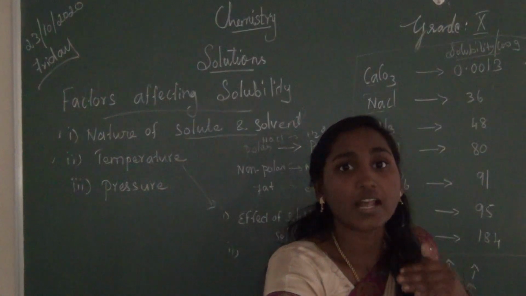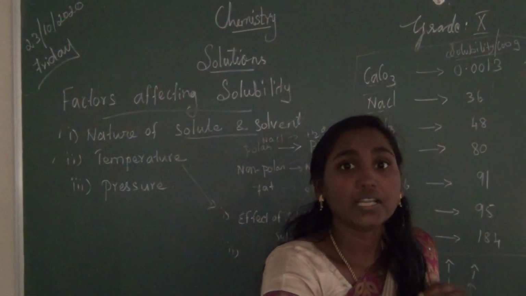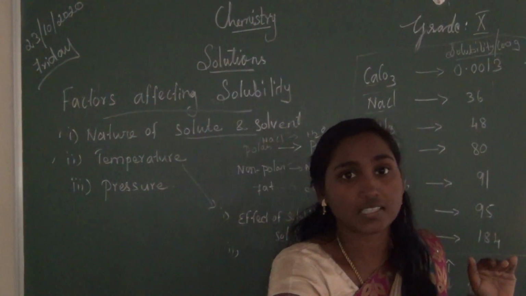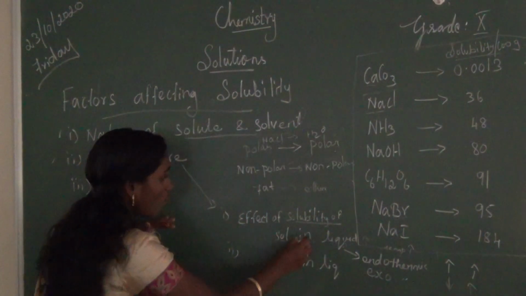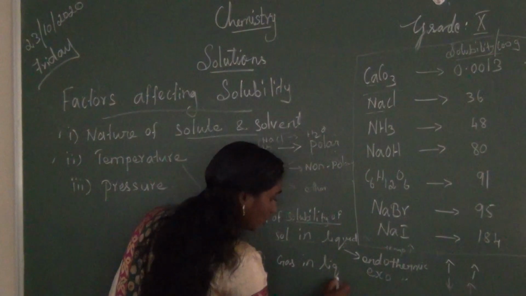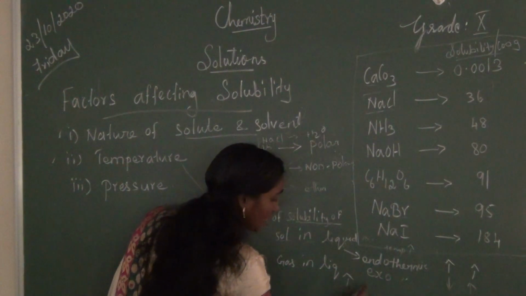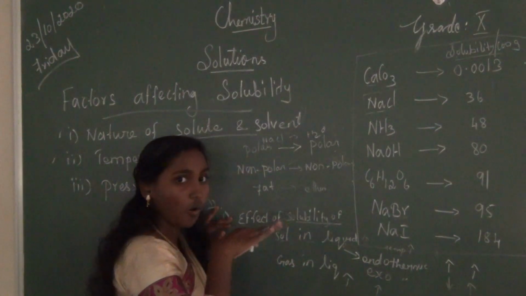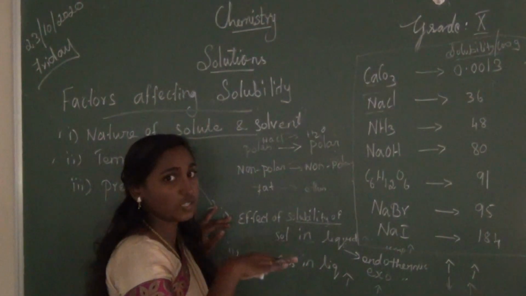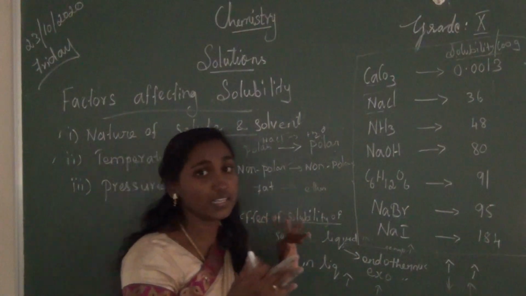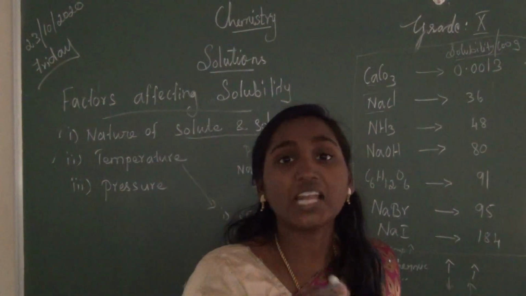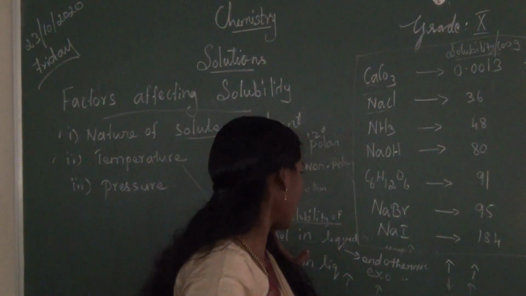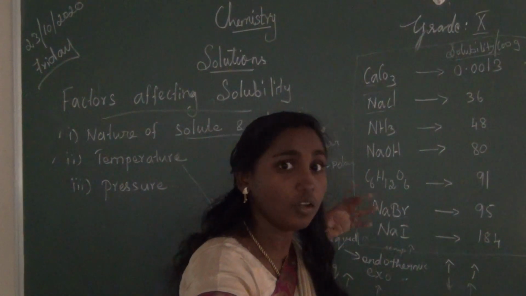So here what we understand is that when temperature increases, oxygen level decreases. That means dissolved oxygen decreases as temperature increases. One more example, in aquatic regions, animals live more there.